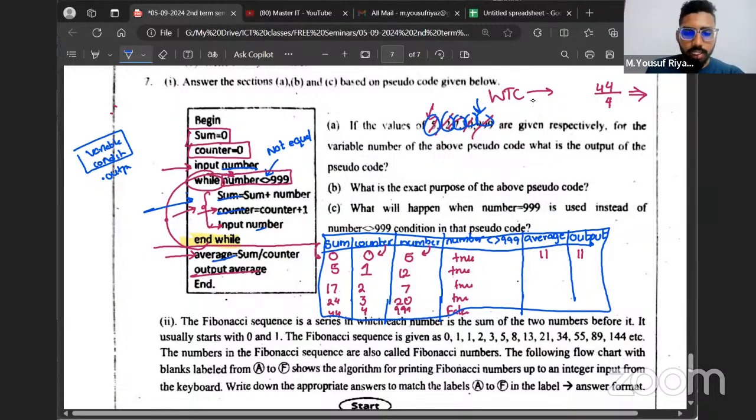What is the exact purpose of the above pseudocode?